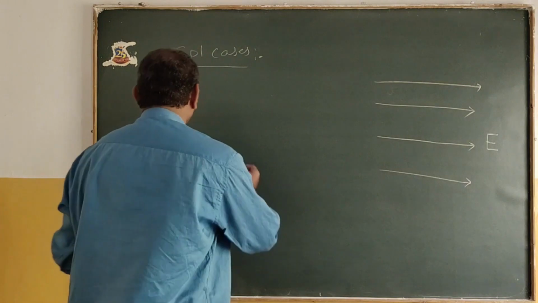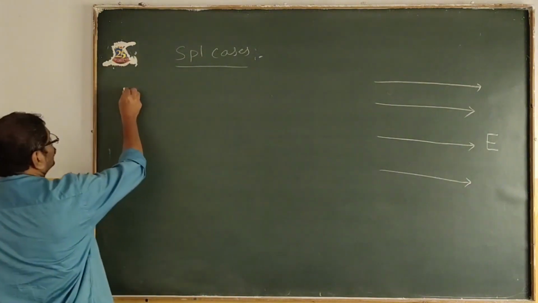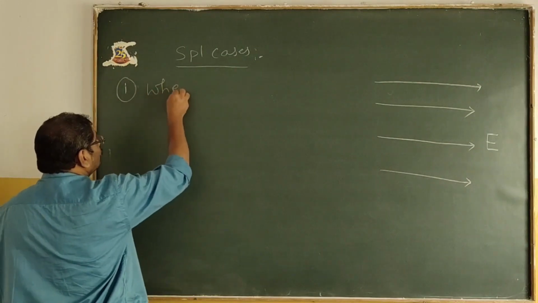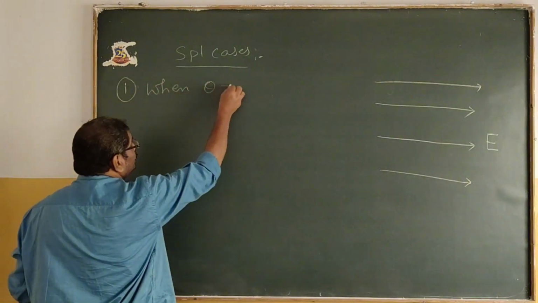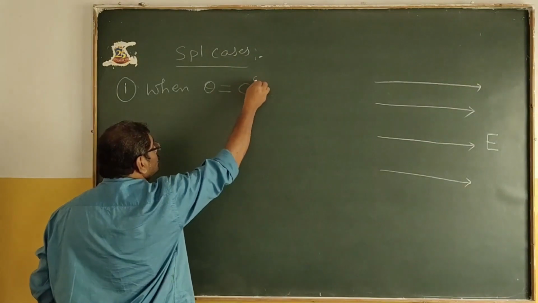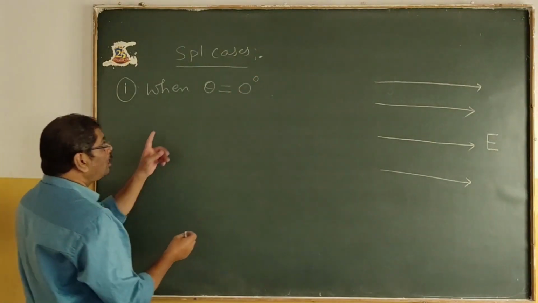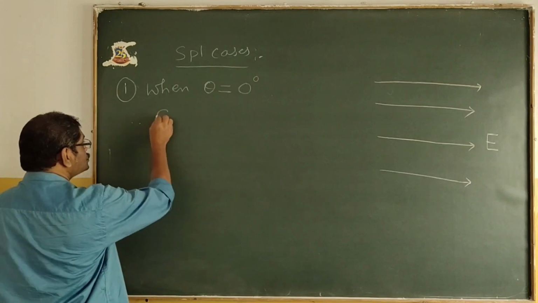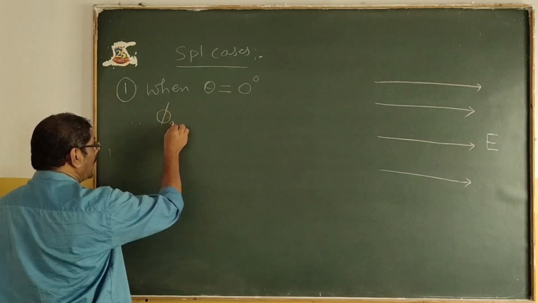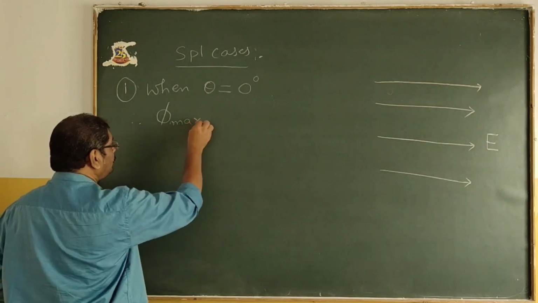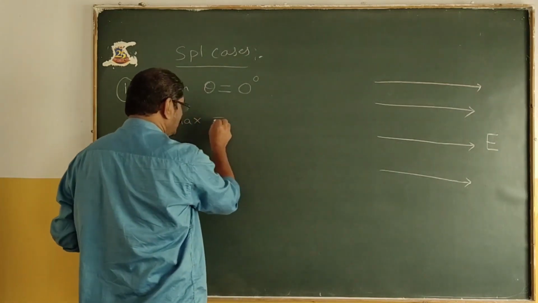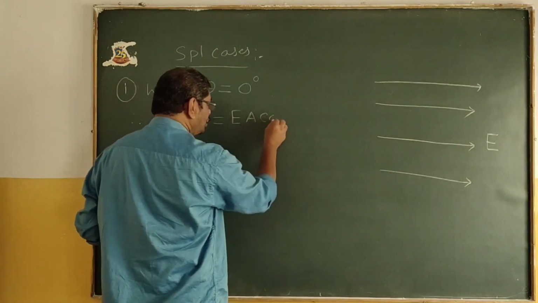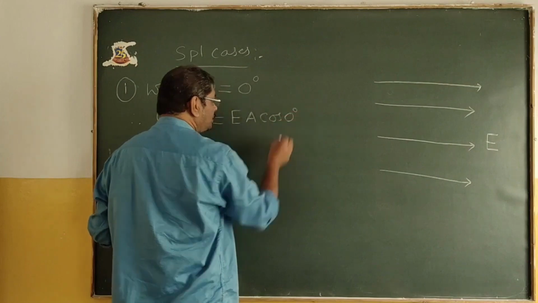Very simple. You already know the first special case: when theta is equal to 0 degree. Therefore the maximum electric flux will be given by the formula EA into cos 0 degree.